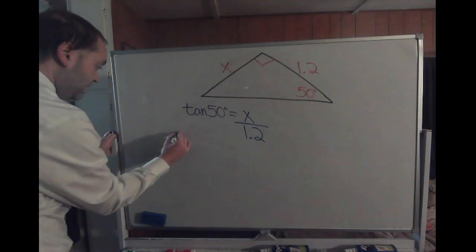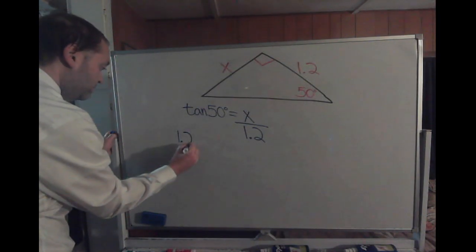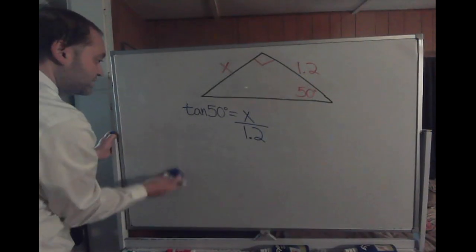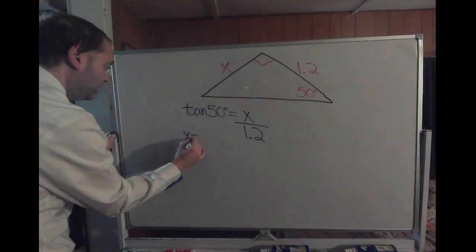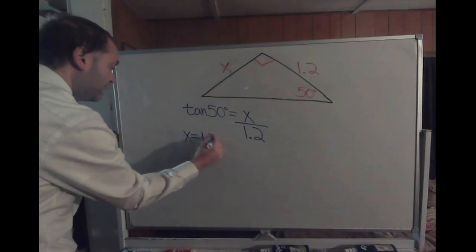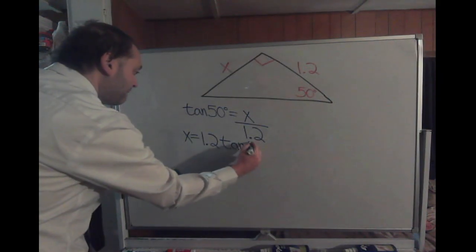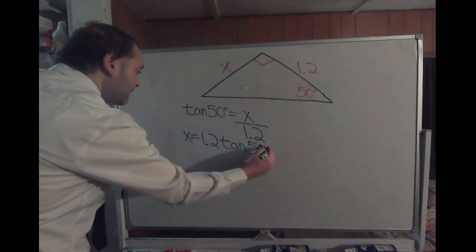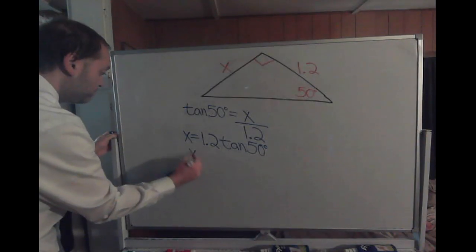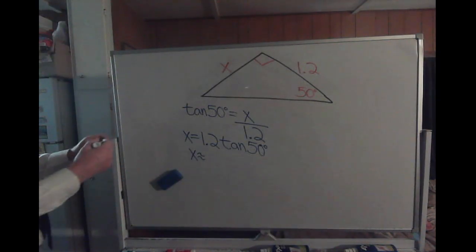Now just multiply both sides by 1.2. Well, actually I want to put x on the other side. So x would equal 1.2 times the tangent of 50 degrees. Then we'll get a nice decimal approximation for this.